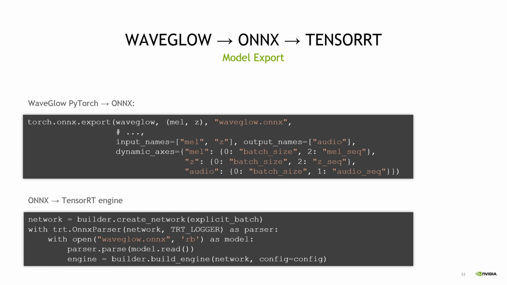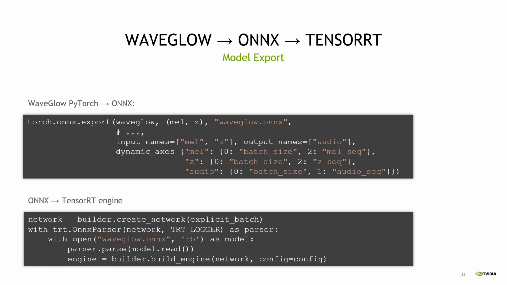And now with the WaveGlow model exported to ONNX, we can load it in another script and build a TensorRT engine. In this script, we can specify, for example, that the batches will be explicitly provided, so that they can vary from inference to inference.